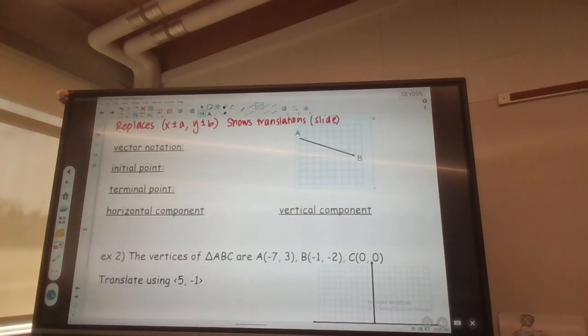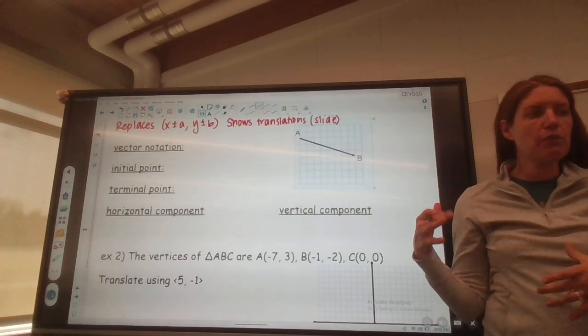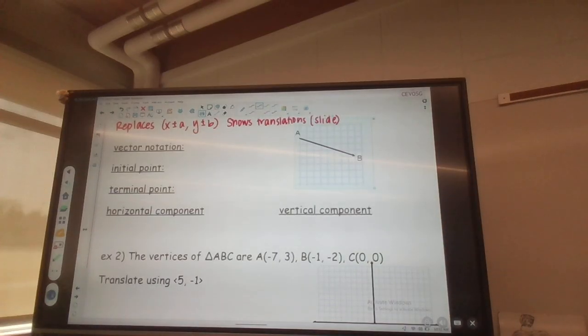So if someone knows something about translations, they would be familiar with this notation. It's called vector notation. A vector is basically kind of like a ray. And rather than using parentheses, we use these little brackets. And that little plus or minus just means it could either be positive or negative.